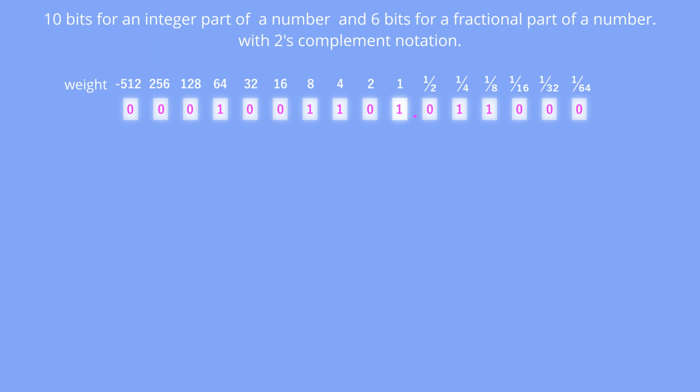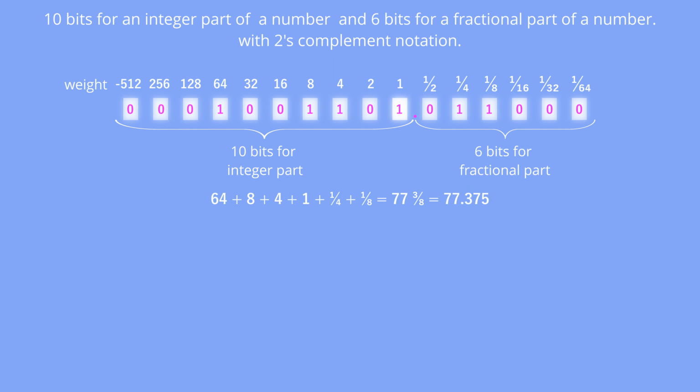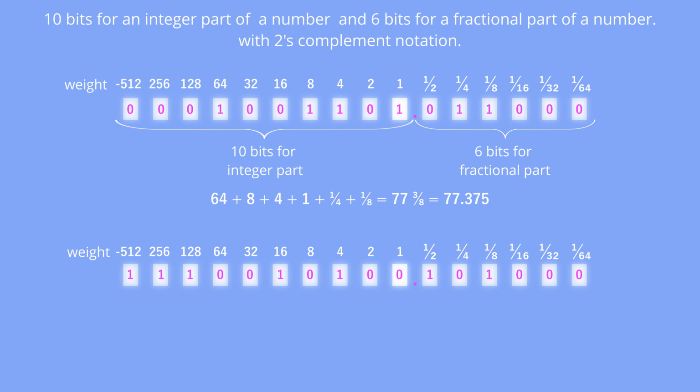This number is a positive number because its MSB equals 0. Let's convert it to decimal. 64 plus 8 plus 4 plus 1 plus 1 over 4 plus 1 over 8 equals 77 and 3/8, or 77.375. Let's consider another example.